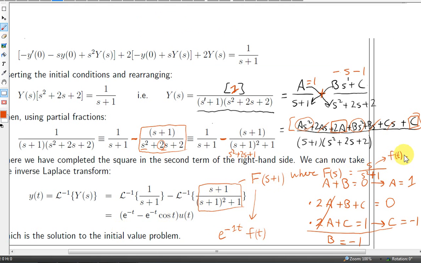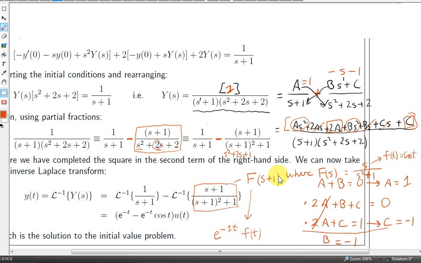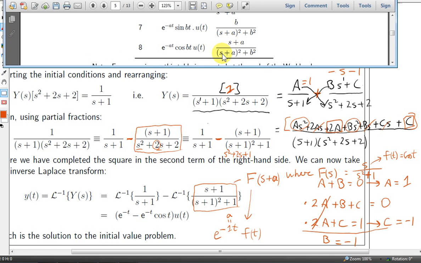So little f of t here is cos of t. And from the shift theorem, this was called a. So a is 1. So we saw that it's e to the minus at, where a is equal to 1. But anyway, it's listed here.